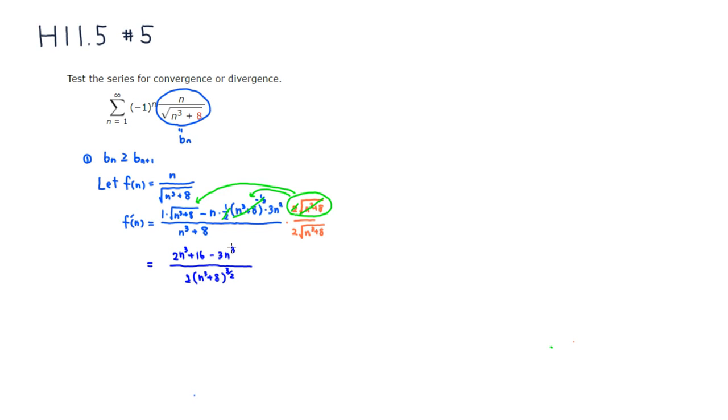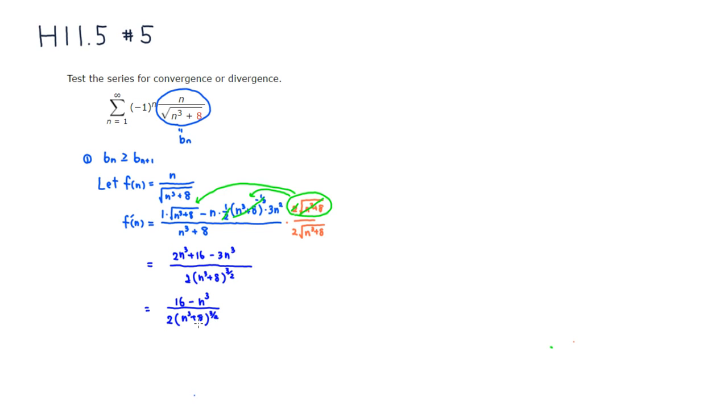So this gives us 16 minus n cubed, over 2 times n cubed plus 8 to the 3/2 power.